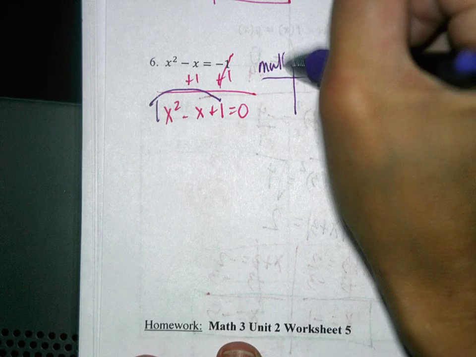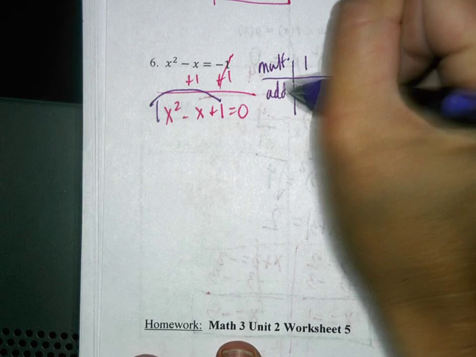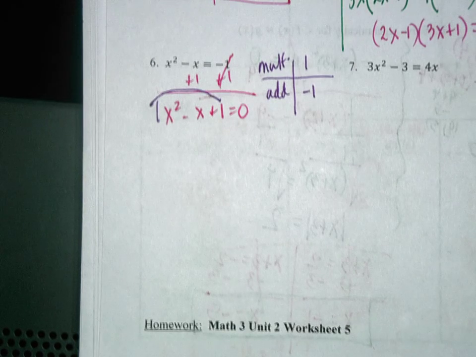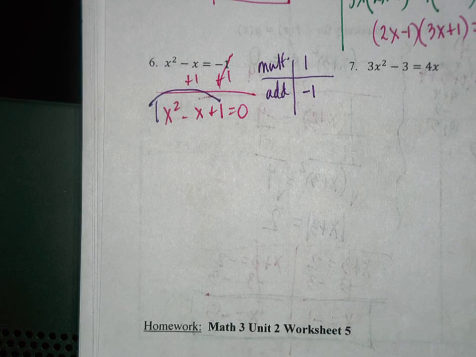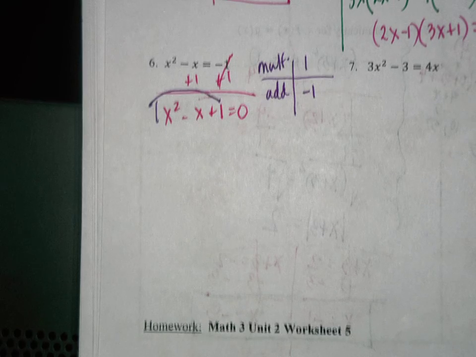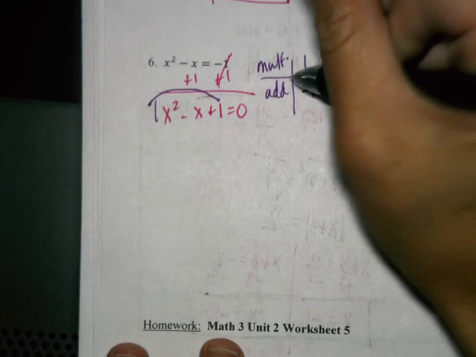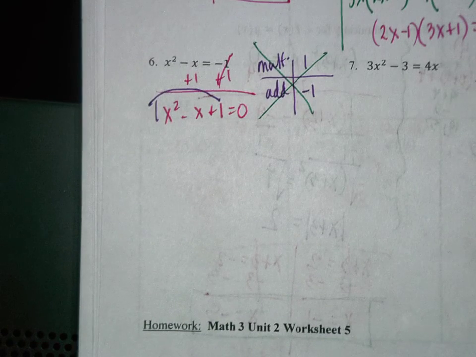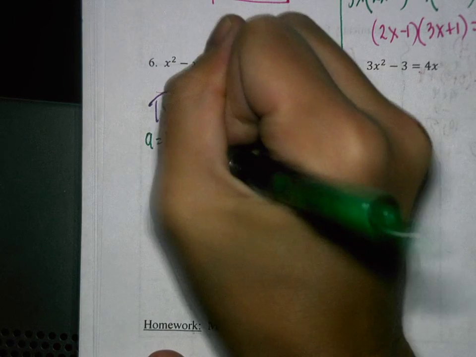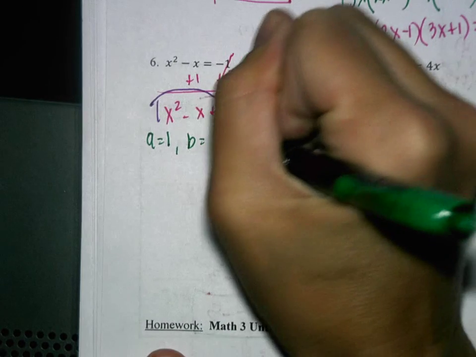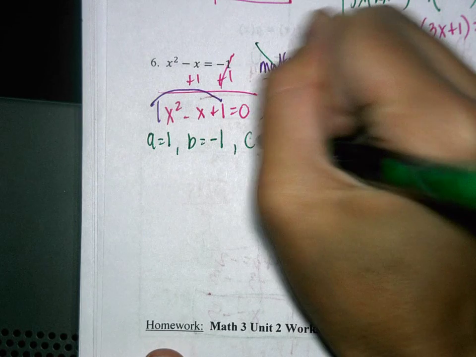My adding number is negative 1. Is there anything that multiplies to be 1 and also adds to be negative 1? No. So since this does not work, we are going to use what? The quadratic formula. Okay, so A equals 1, B equals negative 1, and C equals 1.